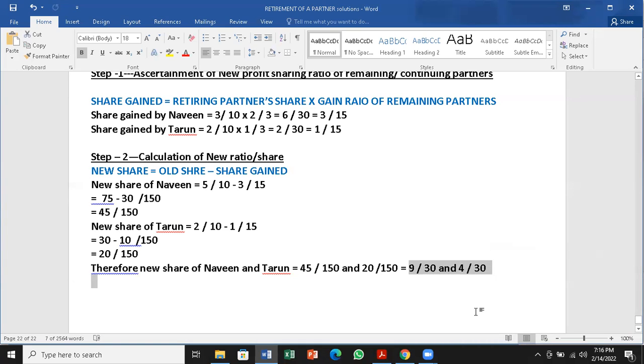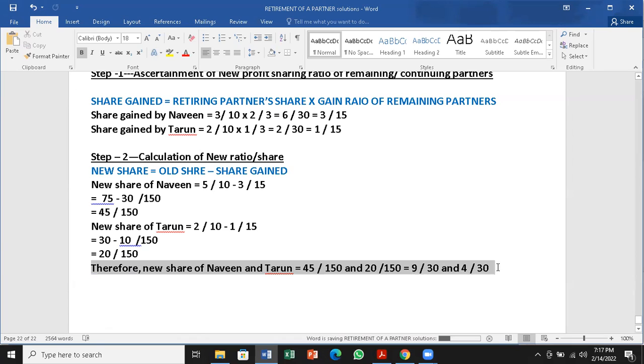Not possible. Check once again that the calculations are right.